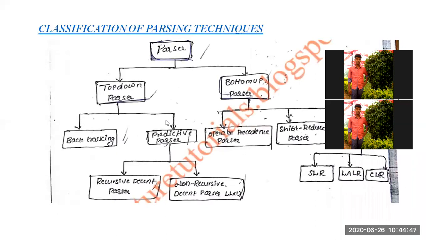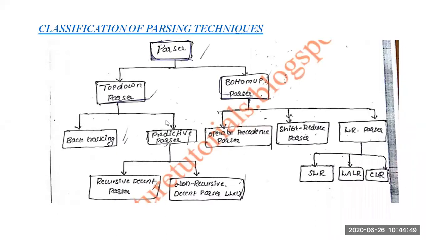See this one. When we come to the classification of parsing techniques, the parsers are two types: top-down parser and bottom-up parser. Again, the top-down is two types: backtracking and predictive parsers. Predictive is again two types: recursive descent parser and non-recursive descent parser.